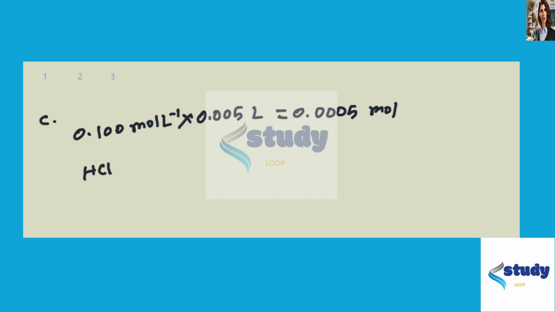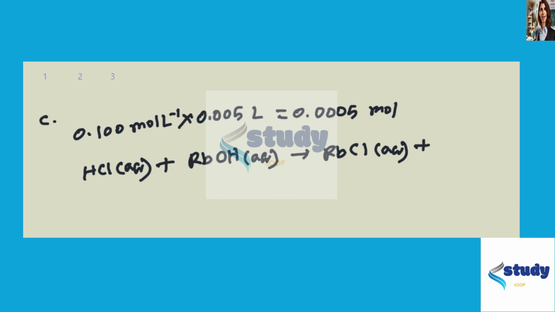We are adding HCl to RbOH, and in the product we are having RbCl plus H2O.